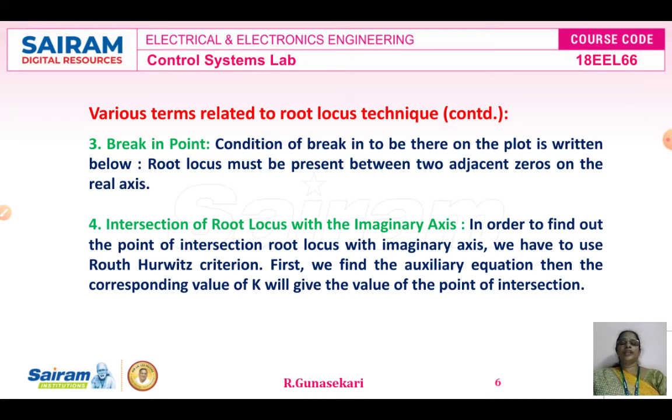In order to find the point of intersection of root locus with the imaginary axis, we have to use Routh's criterion. First, we find the auxiliary equation, then the corresponding value of K will give the point of intersection.